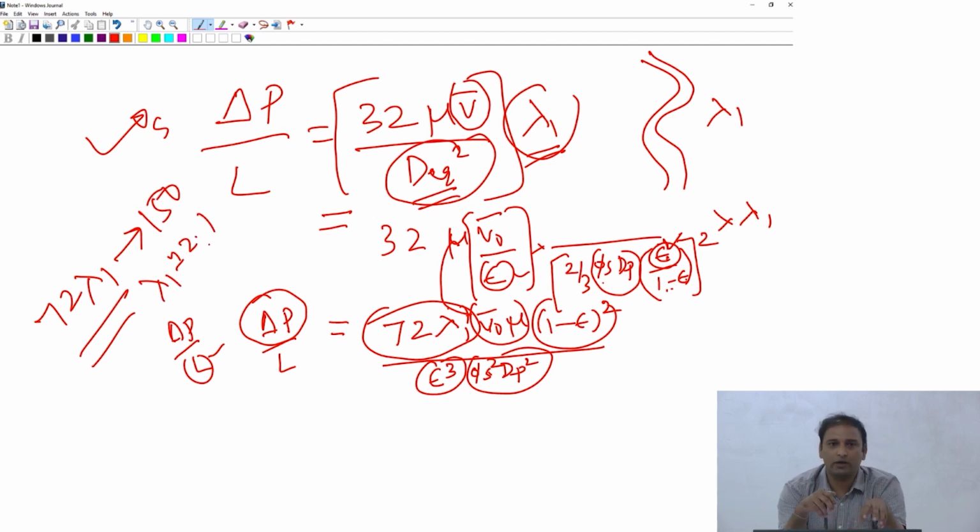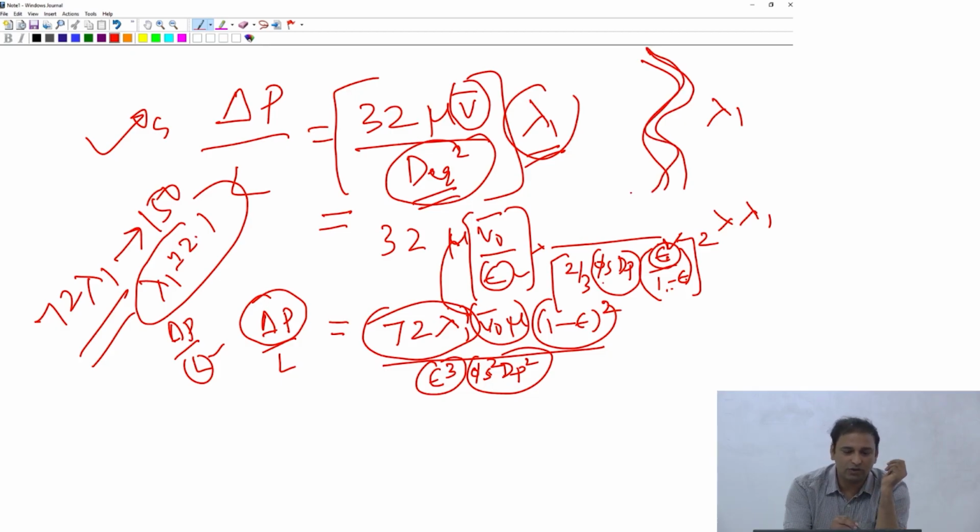And one way to think about this 2.1 is what's called the tortuosity factor. The channels are not straight, so of course the fluid is going to spend more time in the packed bed, because it has to pass through a greater length of the tube. The fact that this is slightly greater than 1 tells you that they are tortuous.